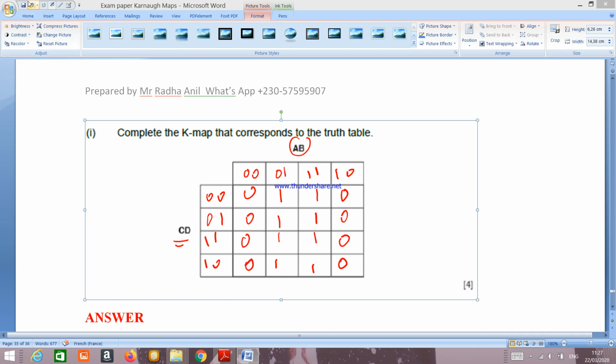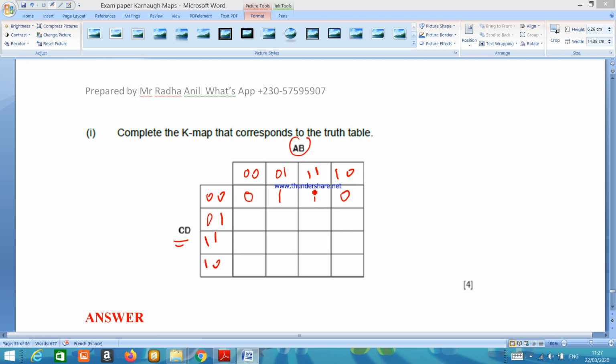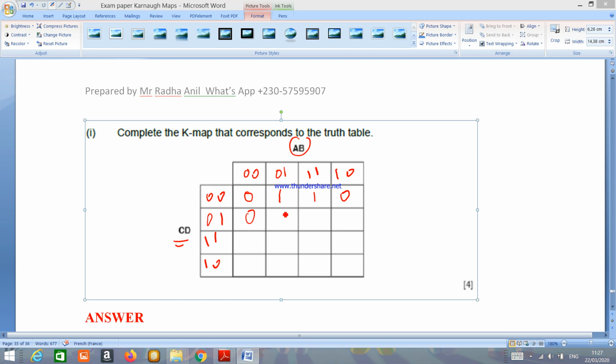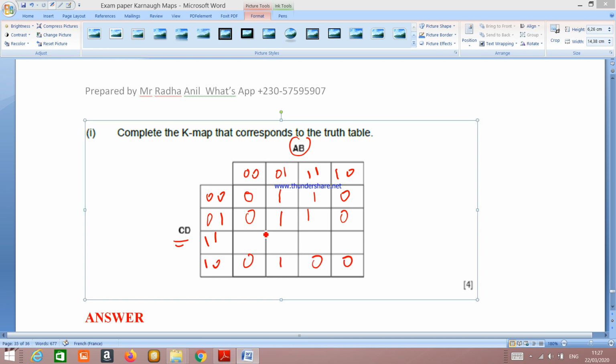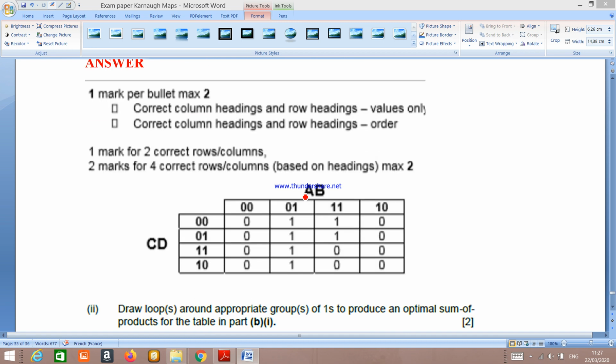Wait, now let's go back. So this is not the horizontal way. Wait, now I think we have to do like this: 0 1 and 0 1. Okay, then 0 1 and 0 1 and 0 1 and 0 0, 0 1 and 0 0. Okay, go this way. It's correct.